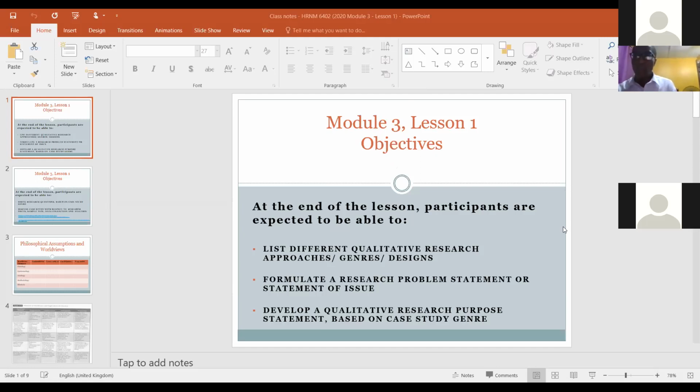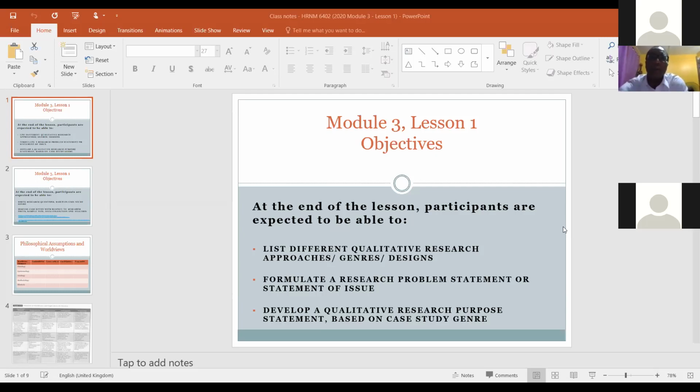All right, so good evening, everyone. As I promised last week, we'll shift the gear and begin to have conversation around qualitative research. What we spoke about initially is that we'll be doing just a general overview. We'll talk about aspects of quantitative research, aspects of qualitative research, and the end game is that we want to come to talk about mixed methods research.